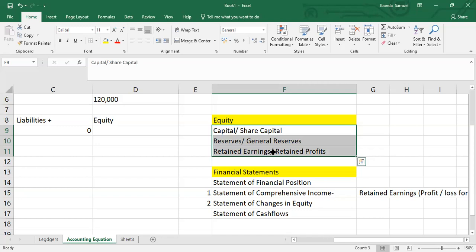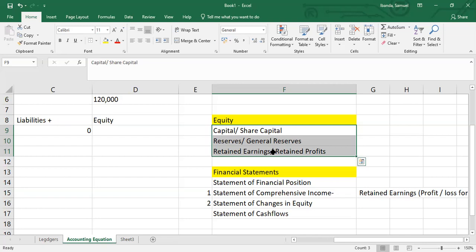Remember, you have, for example, capital that you've started with at the start of the financial year. As the business goes through that financial year, you could have an additional capital contribution from someone. Of course, you could have some money that is put on the general reserves.